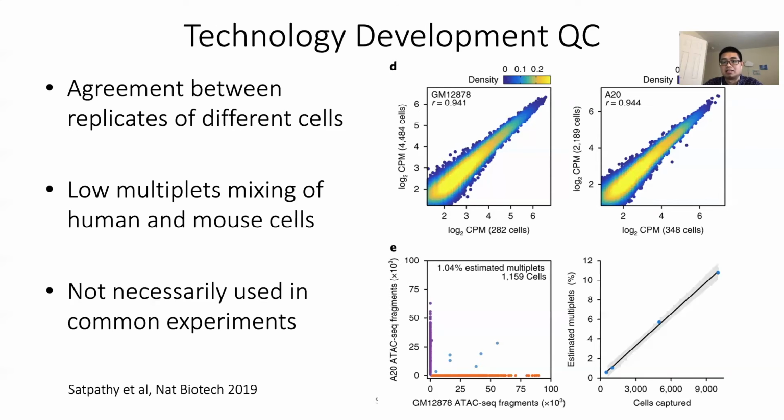So ideally you expect that those cells are only from the mouse cells, and those cells are only from the human cell line. And those dots are doublets, which contain reads mapped to both human and mouse. As expected, if you overload the 10x machine, you start to get more doublets.